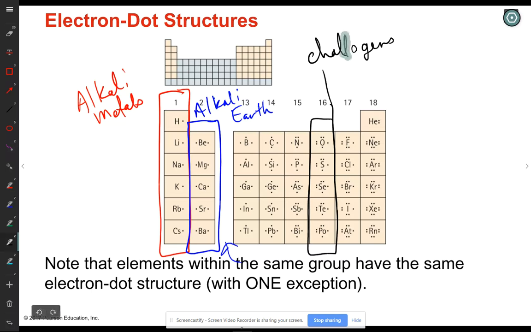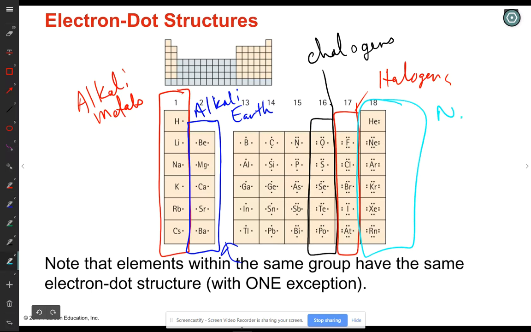It's probably 1. And then this one here, you do have to know. The halogens. And the last one, of course you have to know because that was on the quiz today. Noble gases.